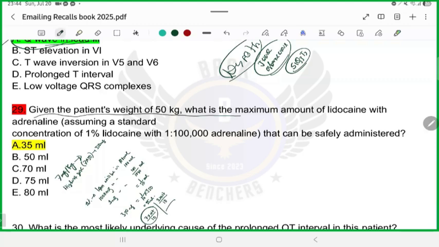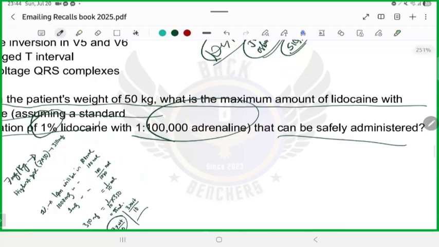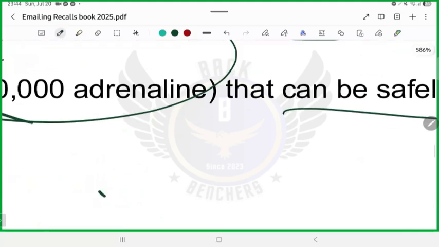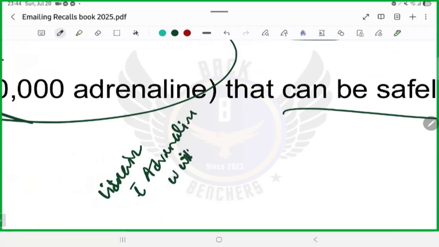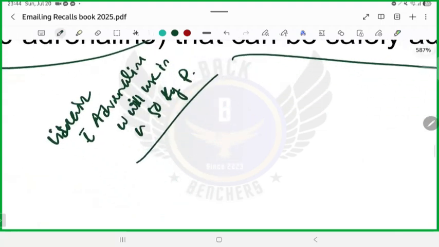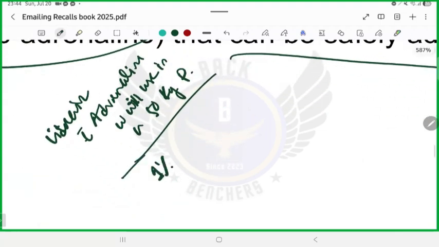Given the patient's weight of 50 kg, what is the maximum amount of lidocaine with adrenaline, assuming a standard concentration of 1%, that can be safely administered? They are just asking how much lidocaine with adrenaline we will use in a 50 kg patient. The concentration is 1% lidocaine.